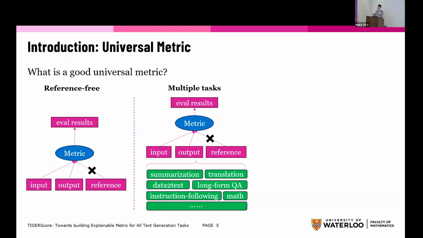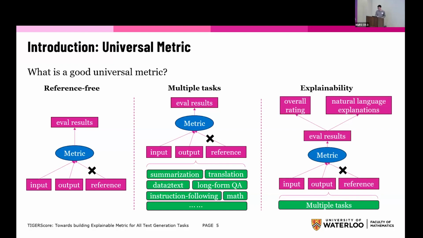But currently, large language models can tackle all generation tasks, and that's what we want for the metric too. We want to evaluate summarization, translation, etc. in a single metric, that is TIGERScore. The third property we think is very important is explainability.